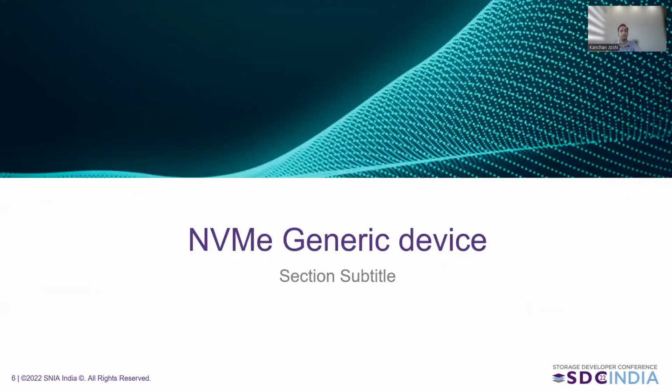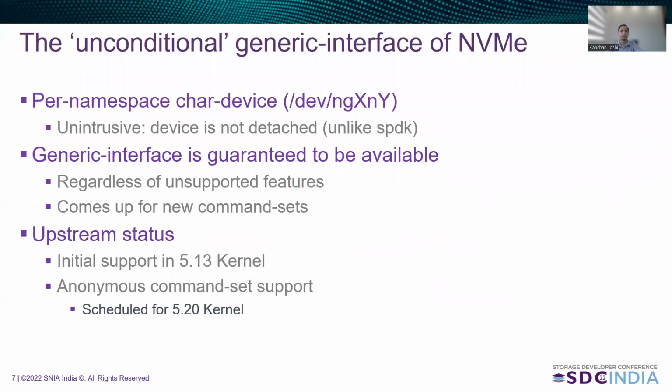NVMe generic device is the answer to the availability problem that is linked with the NVMe block device. The generic device is a char-device node in the form of /dev/ng, and one for each namespace.